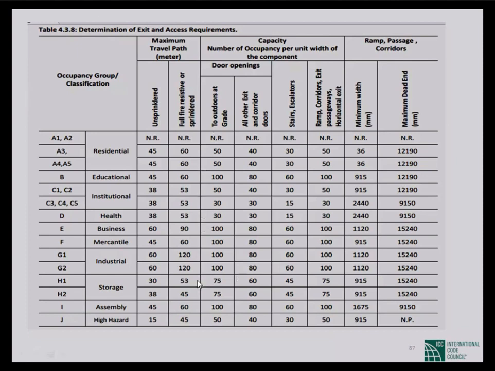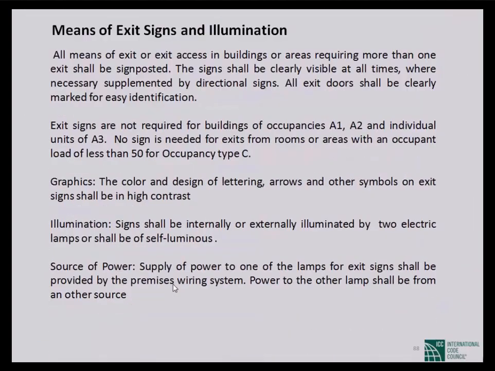For design, you have to design a travel path distance that is the maximum value. Remember, the travel path value is the maximum distance. Normally, whatever BNBC says is the minimum value, but for this case especially it is the maximum value. So that is the maximum distance you can design for a travel path.